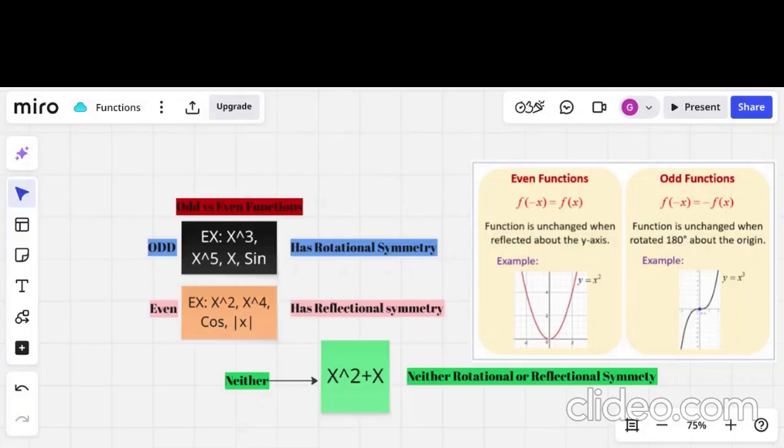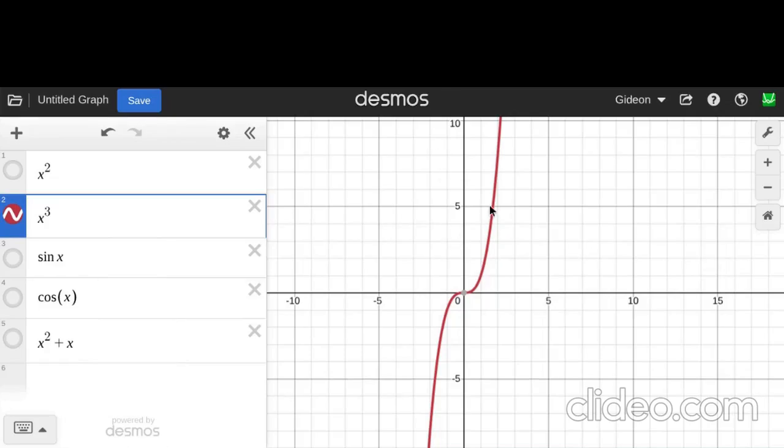Mathematically, what that means is f of negative x is the same as the negative f of x. So just think of this in terms of y. If you put in the negative value of x, let's go to this point here. Let's say you're going to 5, and that's about 1.71.